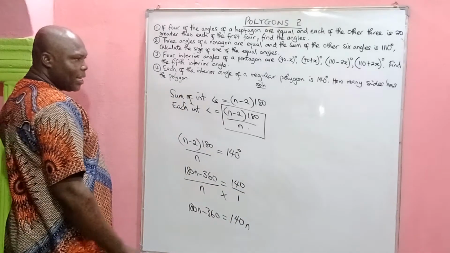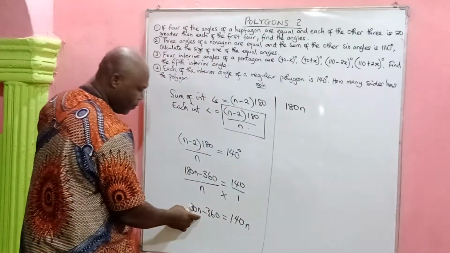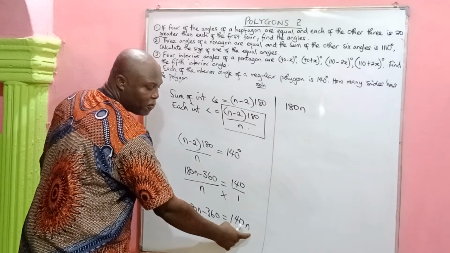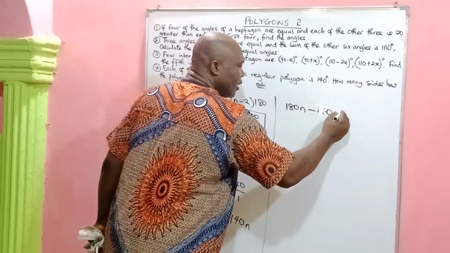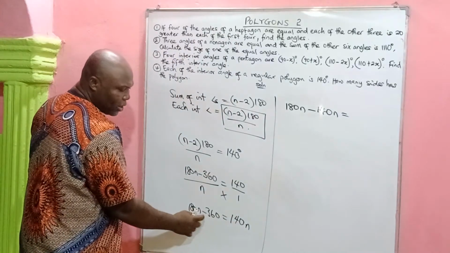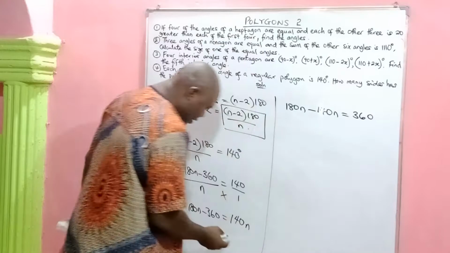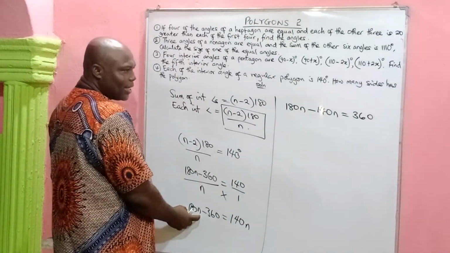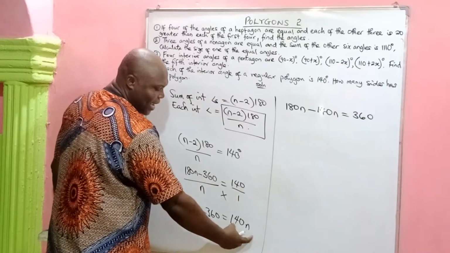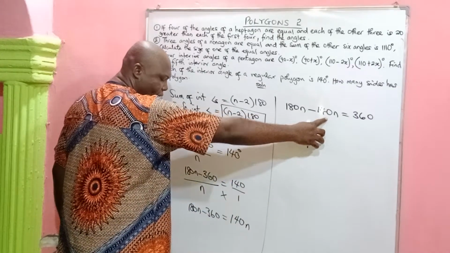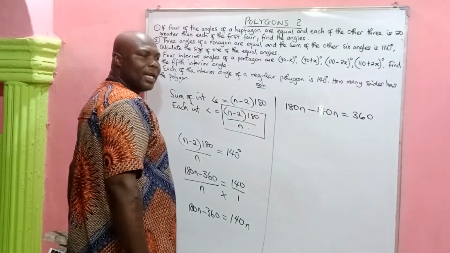We collect like terms. So we have our 180n here, minus 140n, which crosses to be a negative 140n, is equal to minus 360, which crosses to be positive 360. I'll take it again. We are collecting like terms. 180n is here. 140n will cross to be negative 140n, whereas a negative 360 goes the other way to become positive 360.